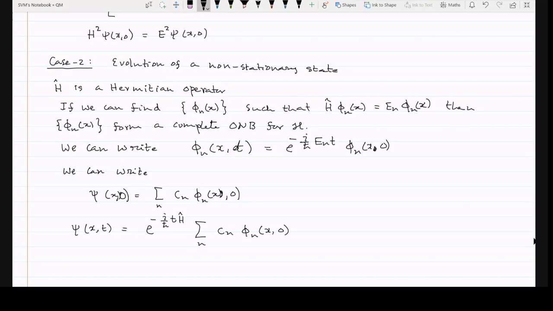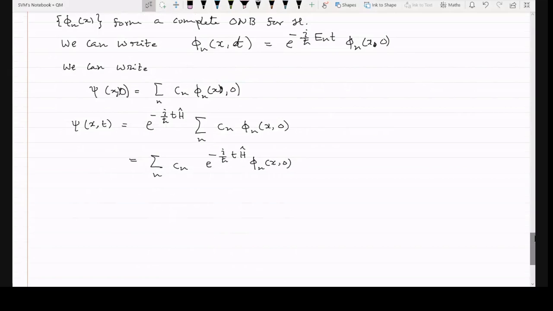Now this is a linear operator, and hence it can act on each one of them separately. That means this is equal to sum over n C n into e to the power minus i by h cross t H acting on phi n of x comma 0. But we already saw that these are stationary states.